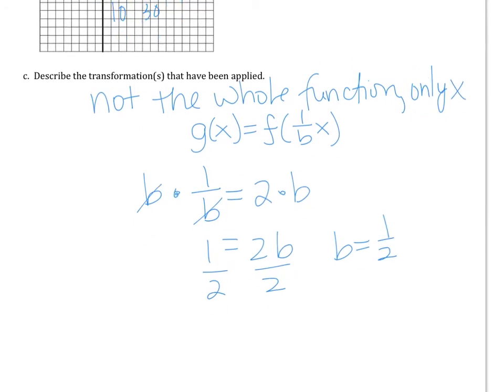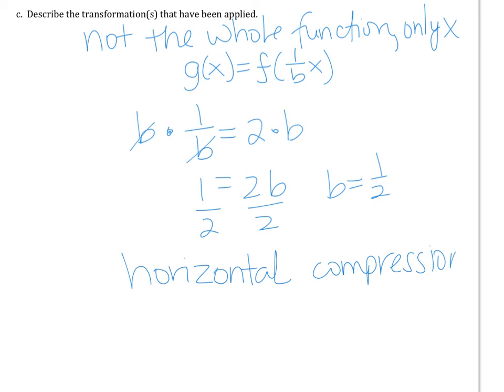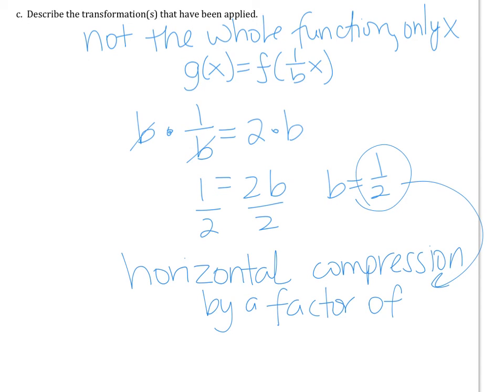And because it's a 1 over b type thing, if you look at your chart, that is a horizontal compression by a factor of 1/2.